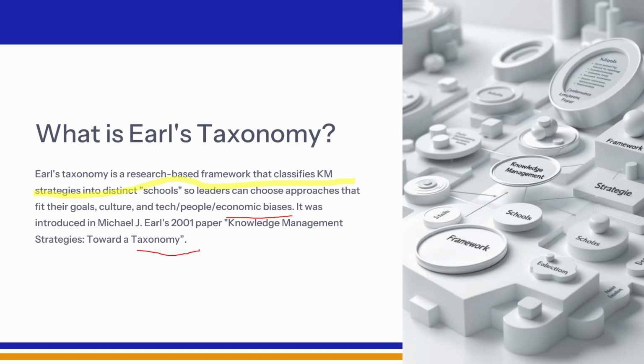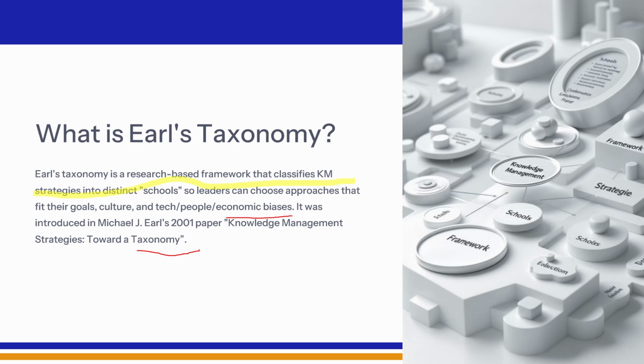Earl's taxonomy is like a map for knowledge management strategies. Instead of a one-size-fits-all approach, it groups strategies into different schools, each reflecting unique priorities, culture, and organizational needs.